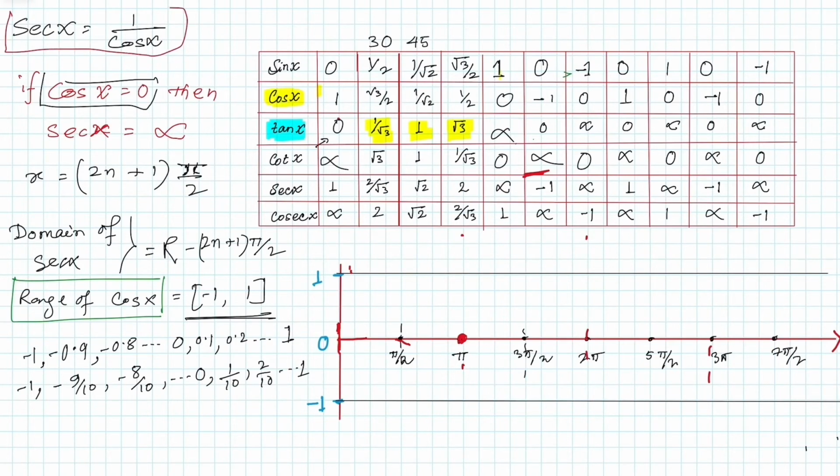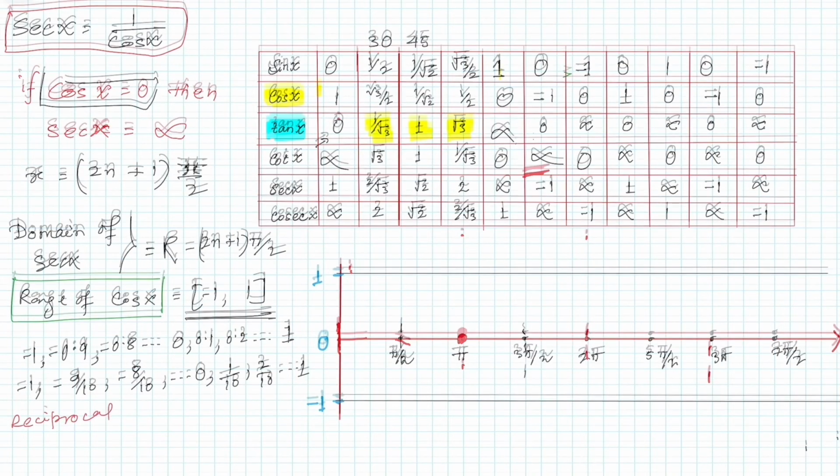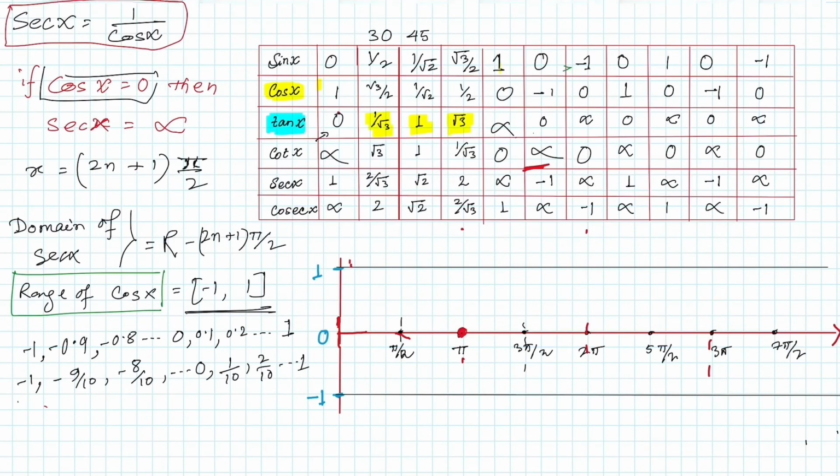So now you see, we know that sec x is the reciprocal of cos x. Now let us take the reciprocals. If you take the reciprocal of the range of cos x, then what will happen?